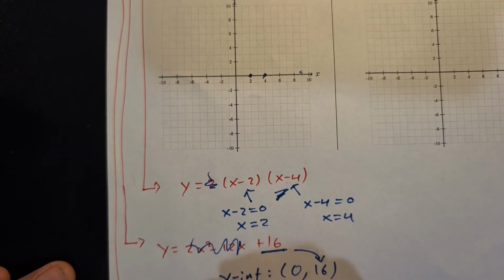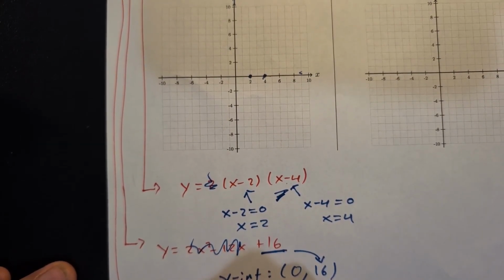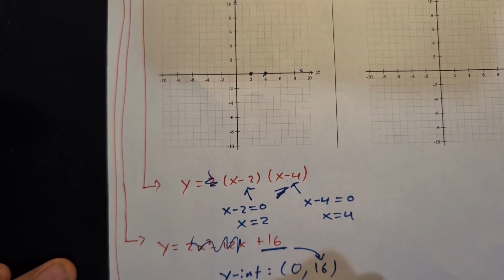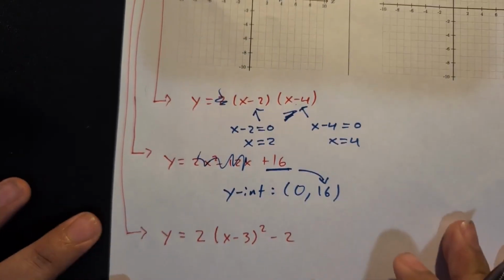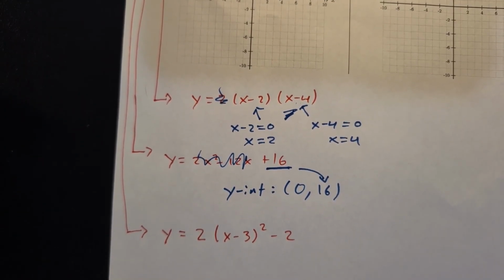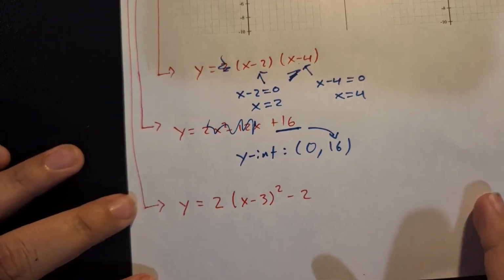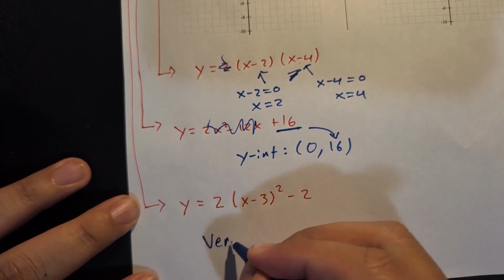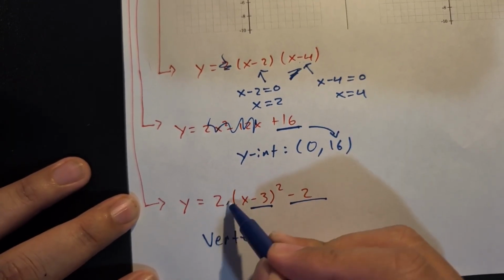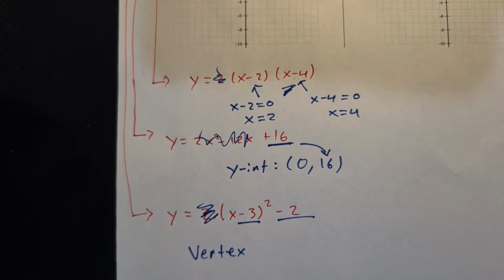Now for the vertex form. I get y equals 2(x minus 3) squared minus 2. For my vertex form, the only two numbers that are important for my vertex are this number and this number. This 2 in front does not matter.